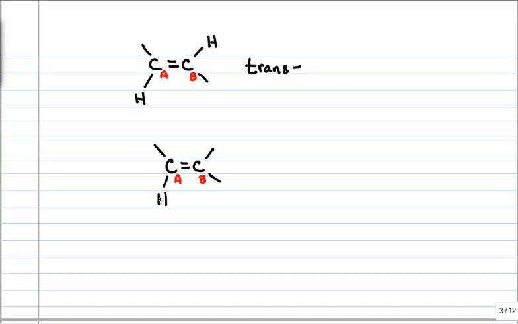If the hydrogens are in this geometry, that is, they are on the same side of the double bond, and ladies and gentlemen, they are locked on the same side because you cannot rotate around a carbon-carbon double bond, so these 2 hydrogens are on the same side. This is called cis. And these are 2 what we're going to call geometrical isomers.